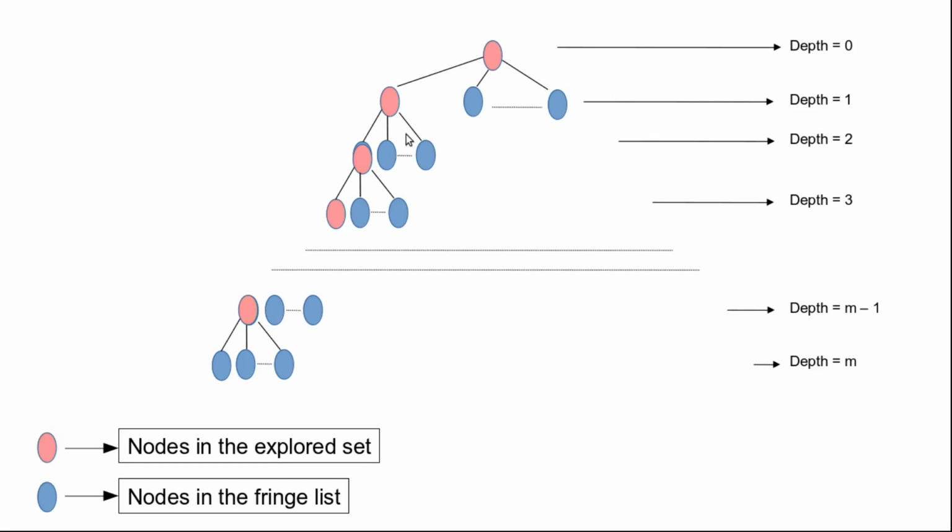We know that these red colored nodes will be present in the explored set, because we have performed the expansion of these nodes. Whereas the blue colored nodes, we have generated but have not explored yet, so these blue colored nodes are the nodes that will be in the fringe list.